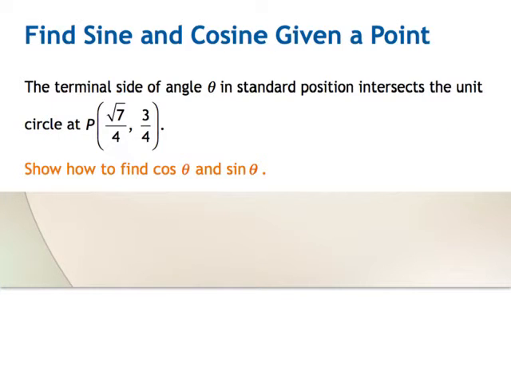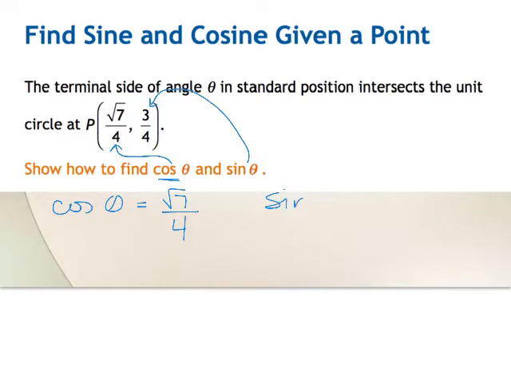When we're looking for the sine and cosine of a given point, well, here's point P, and they just want us to identify the cosine and sine. So the cosine is the first value in the ordered pair, and the sine is the second value of the ordered pair. So this is how you would write it. Cosine of theta is the square root of 7 over 4.